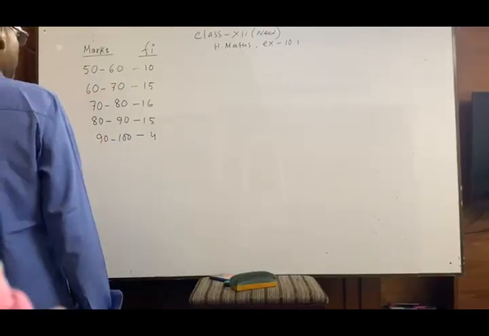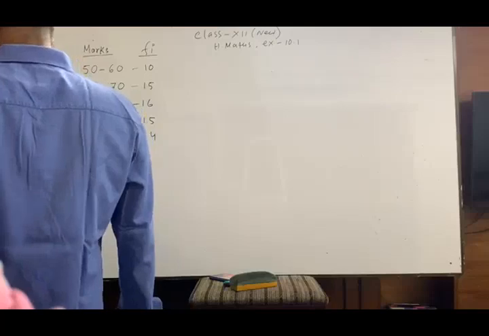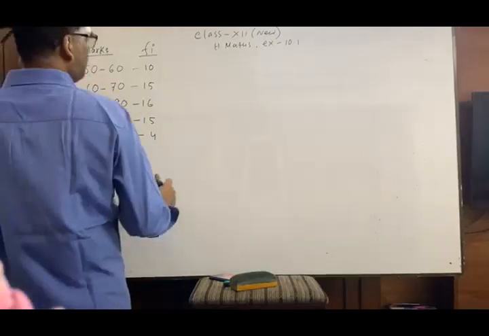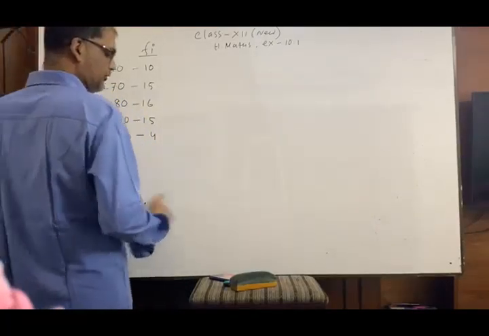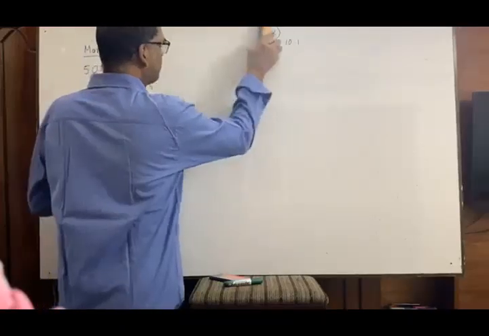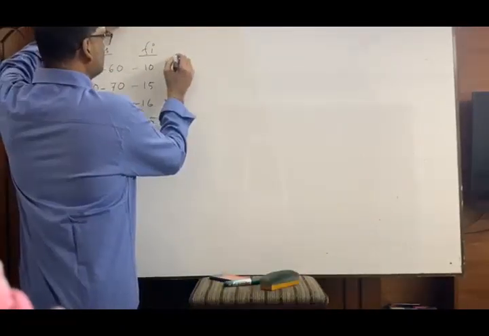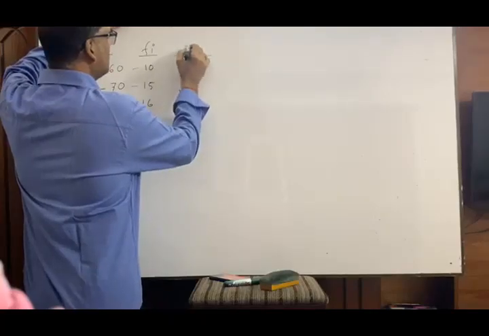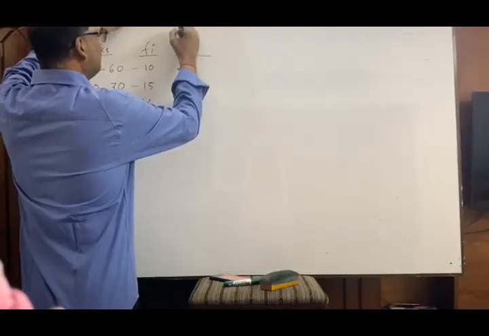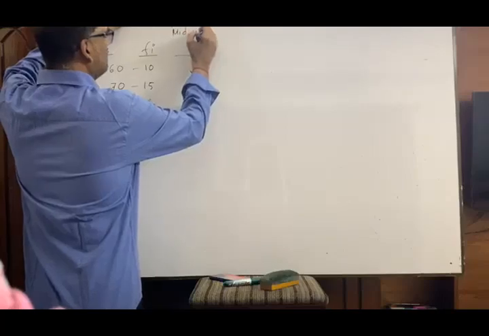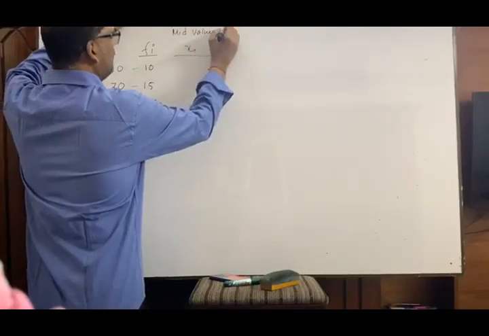Now, what will we do? We will find mid values, Xi. Xi means mid values of class interval.